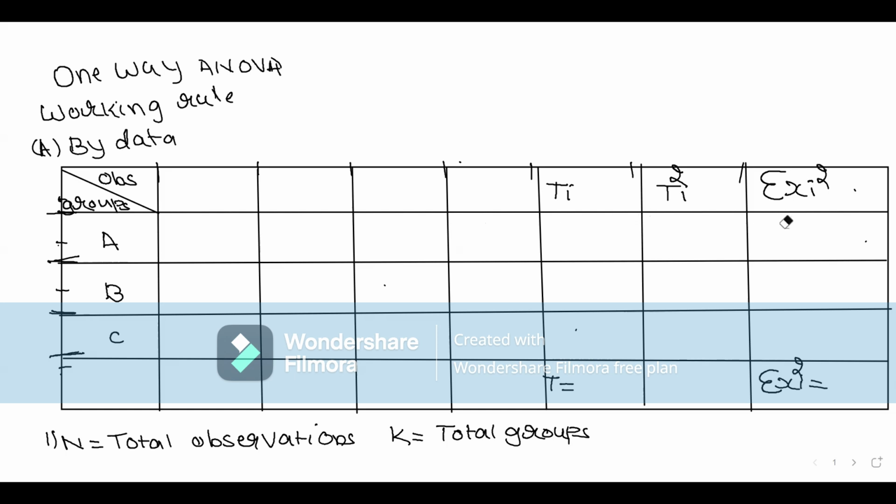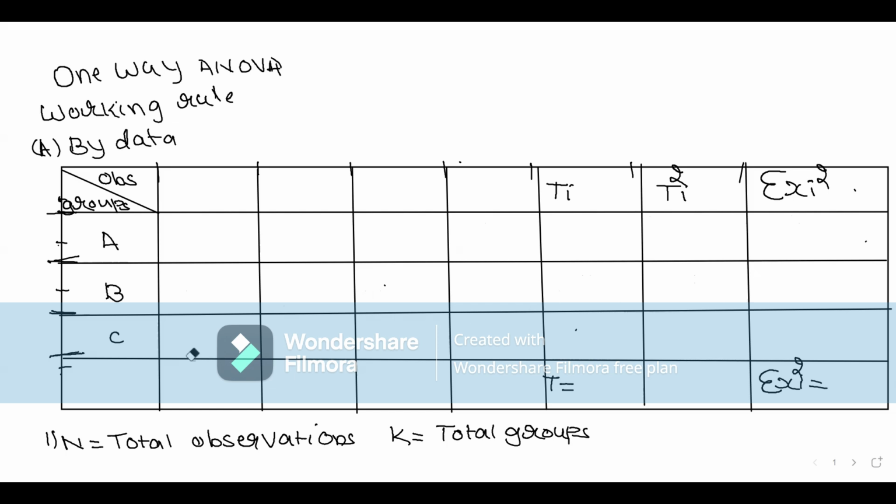That is the summation of xi square. For the B group, this plus this plus this plus this equals the Ti value, and you write the Ti square value here. Then the square of this plus square of this plus square of this plus square of this, and adding them gives the summation of xi square.